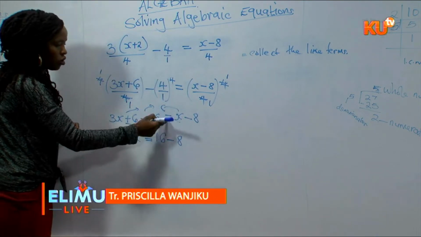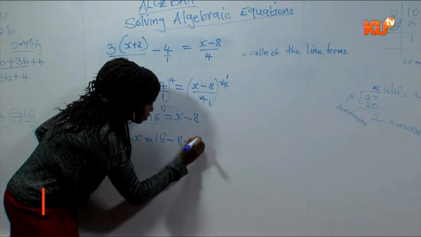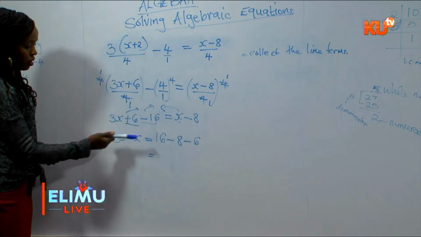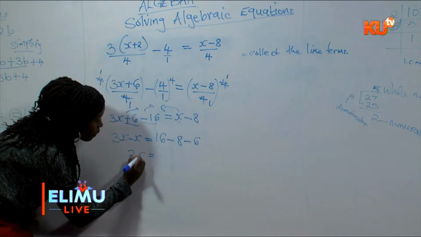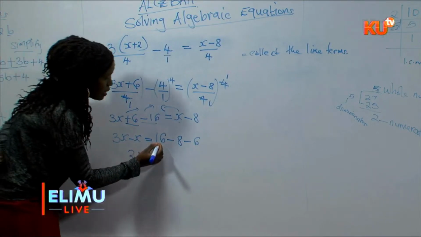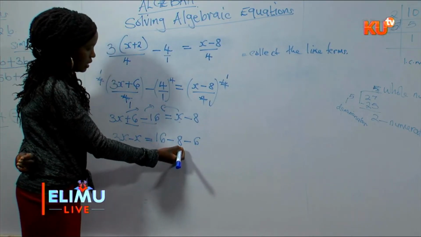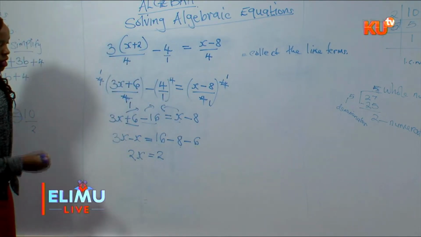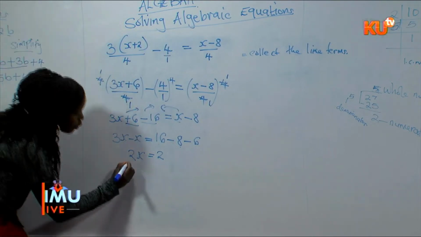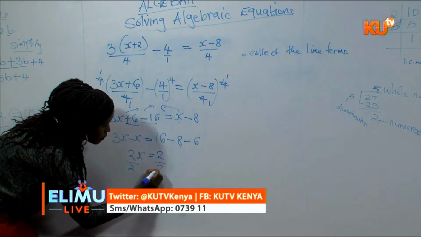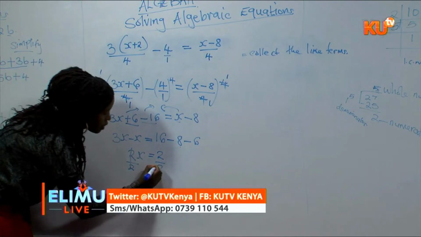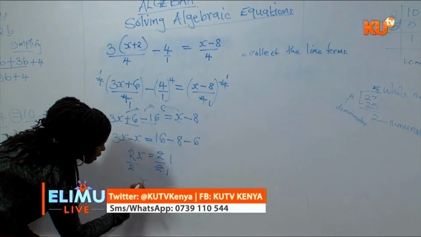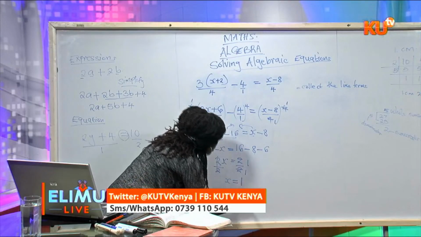When it crosses the equal sign, I'll have it as minus 6. 3x minus x, I'm going to have 2x. 16 minus 8, I get 8. 8 take away 6, I get 2. Then we get the value of x. We divide both sides by 2. By 2, 1. By 2, 1. So the value of my x is going to be 1.